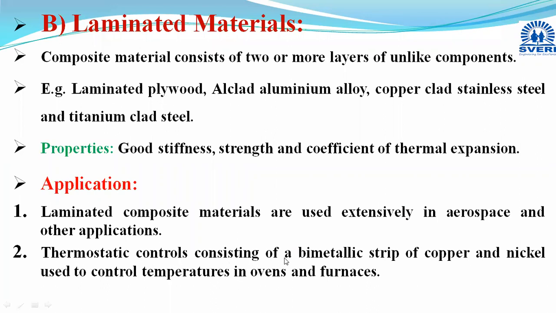Thermostatic controls consist of bimetallic strips of copper and nickel used to control temperature in ovens and furnaces. Depending on the coefficient of thermal expansion, we can use it to control the temperature of ovens or furnaces. The bimetallic strip consisting of copper and nickel can be made with the help of these laminated materials.